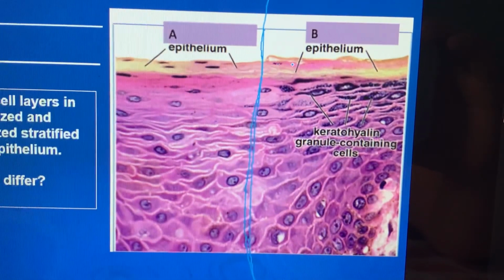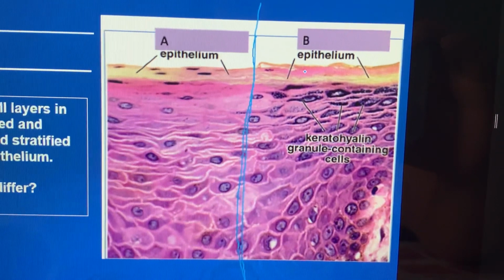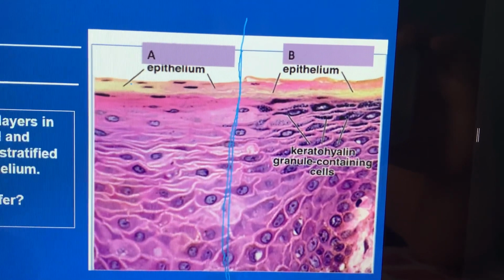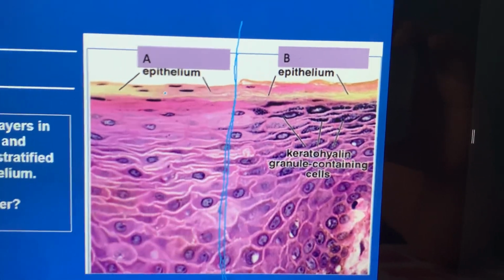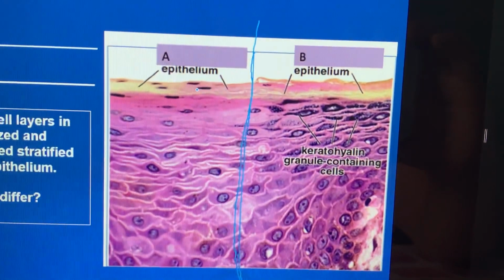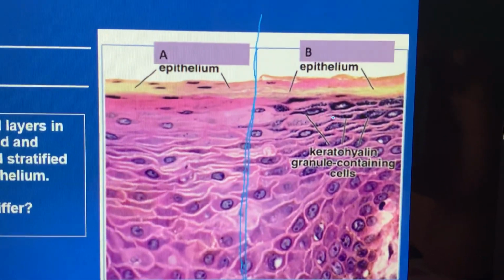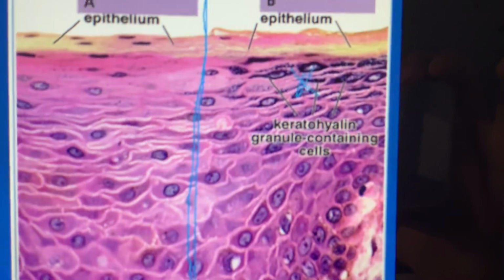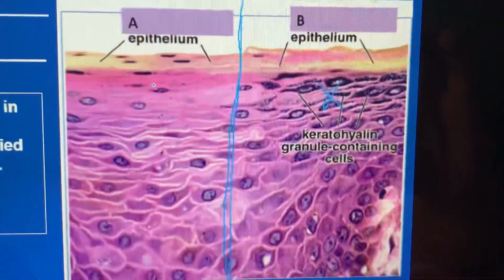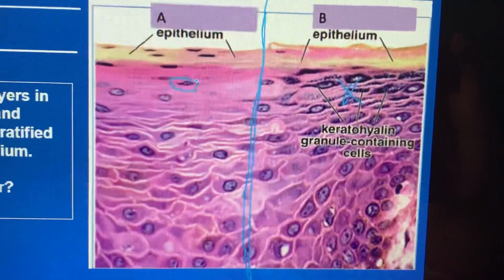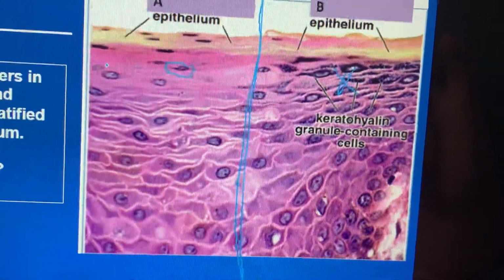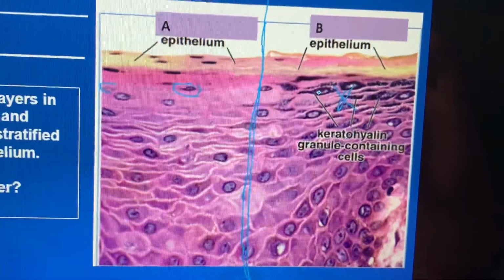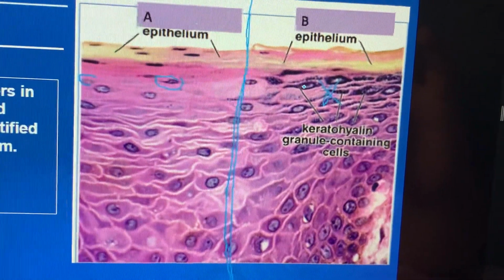So again, this shows you close up that you have ortho on the right in B because no nuclei, para on the left because there are nuclei in the cornified layer. If I go down to the granular layer, where I mark the X there, that's very distinct in ortho. Over here, not as distinct. Here's one, there's a granular cell. There's a few, but they're just not highly visible all across the row or layer.